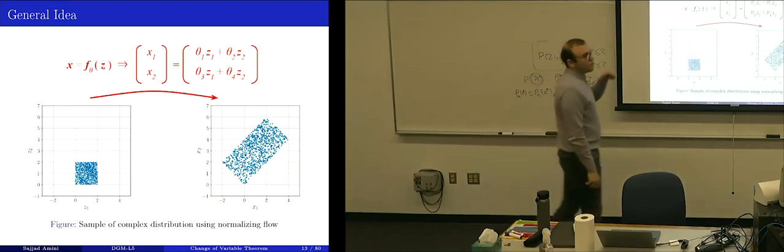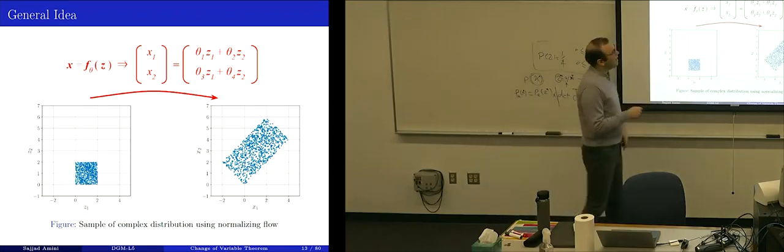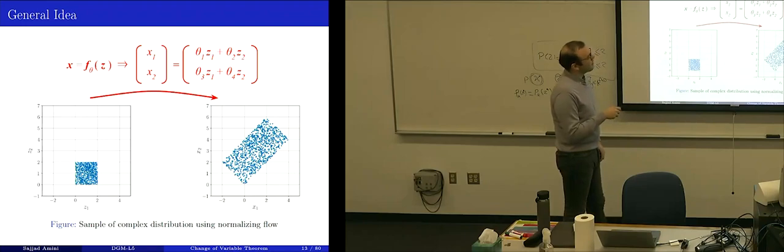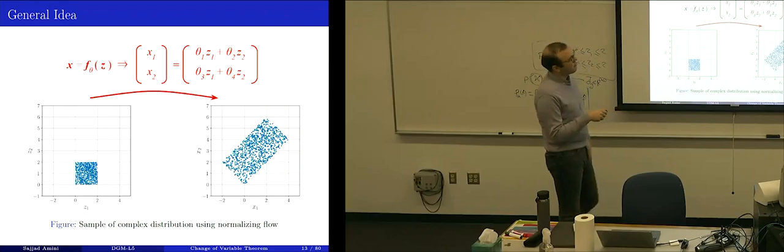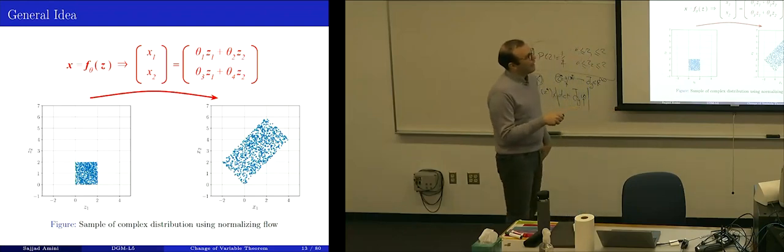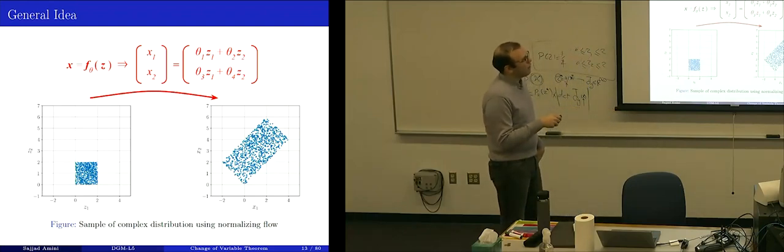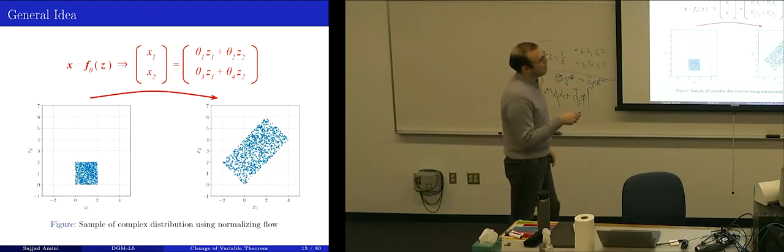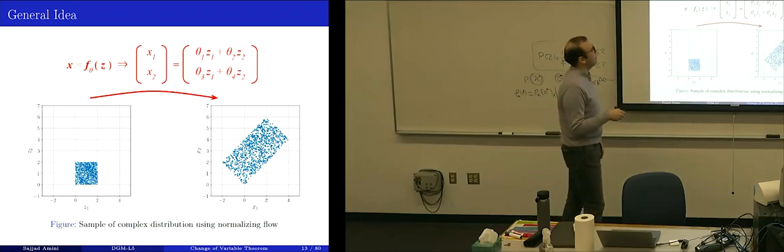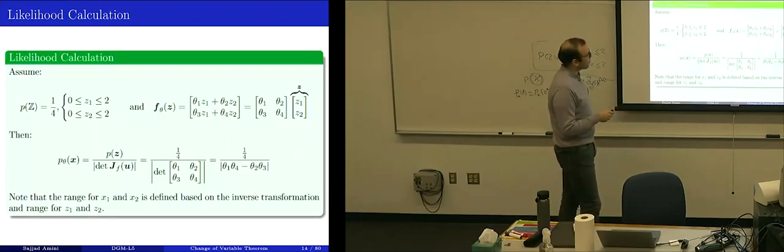So let's return to our simple example. We have a simple example where x was a transformation over z. And now we want to consider a parametric transformation. We have 4 parameters, theta 1, 2, 3, and 4. Using these 4 parameters, you have a transformation over z, which leads to your target space.